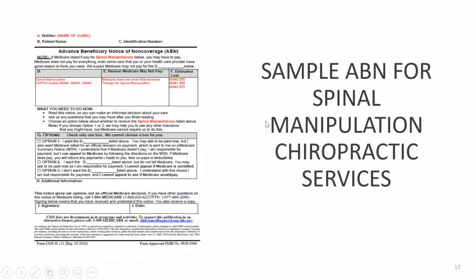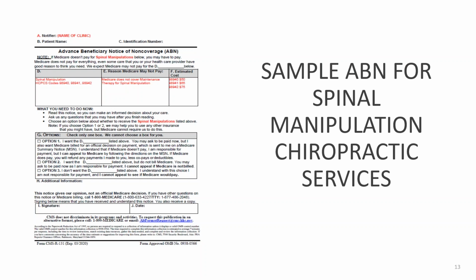For those of you who are chiropractors, since we do have a lot, I just wanted to show you what the ABN form would look like for chiropractic services. Since spinal manipulation is the only service covered under Medicare for chiropractic services, the only ABN form you are responsible for having the patient fill out, Medicare Part B, is for the spinal manipulations, and those are CPT codes 98940, 98941, and 98942.